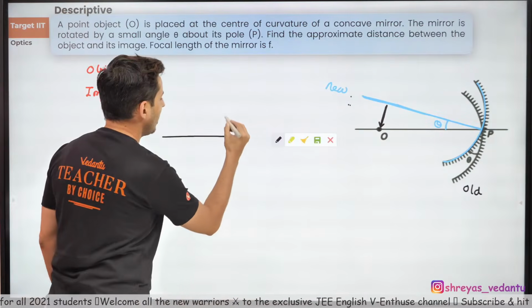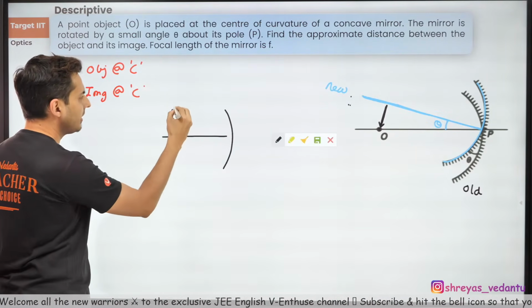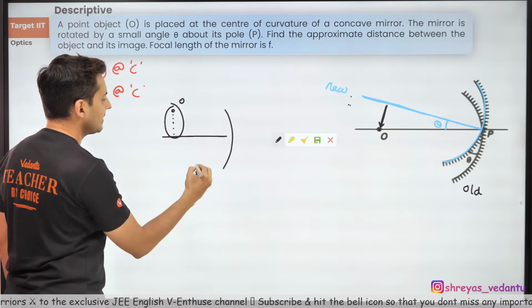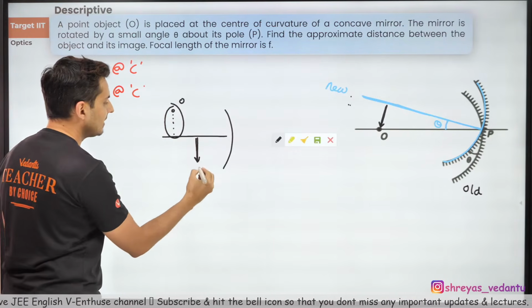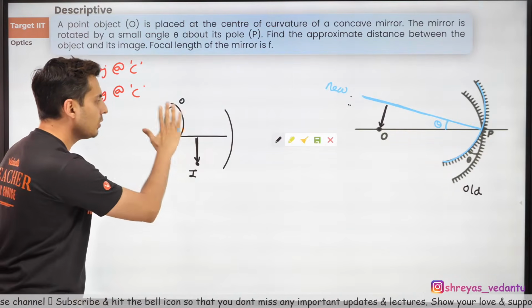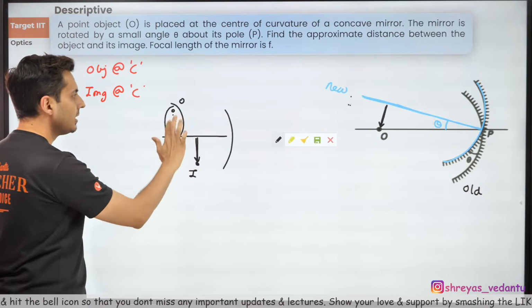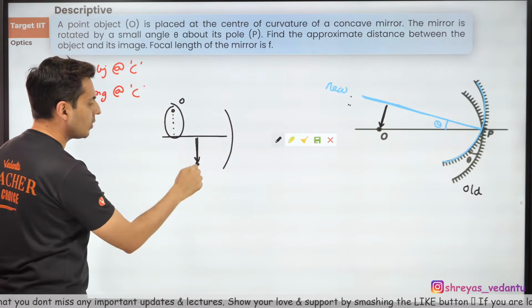Whenever you have a principal axis and there is an object over here, you can always drop a perpendicular, think of this like an extended object, and find where the image is by considering it an extended object, and that's where the image of the point is going to be located. So that's how you find the images of point objects in front of a curved mirror. Treat it like an extended object, find the image, and then look where the arrowhead is.